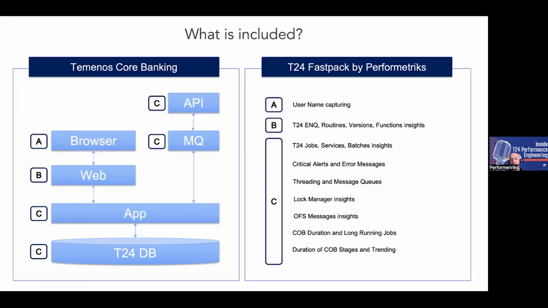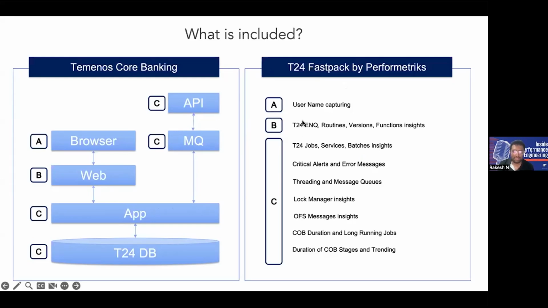I only wanted to add the purpose of the Fastpack. So, Rakesh, sorry that I interrupted you, you can continue. What additionally we support: if you have Dynatrace integrated, you can see the CPU, DB related things, services, requests, and all those things. But out of the box, you won't have all of this. We will make these configurations, for example API level, MQ, browser, web, T24 database level.